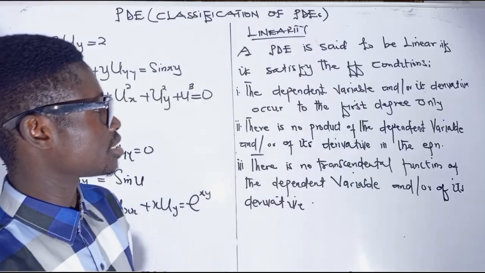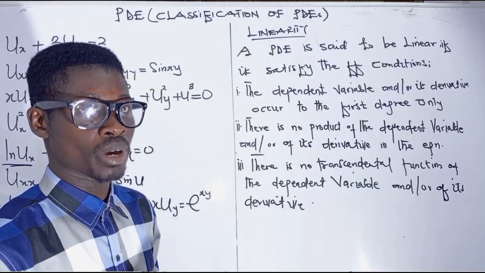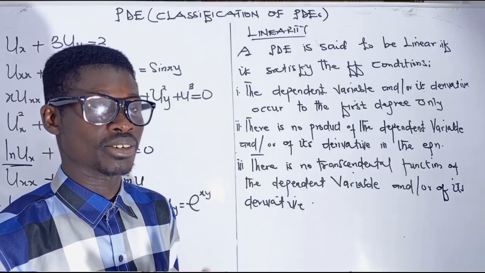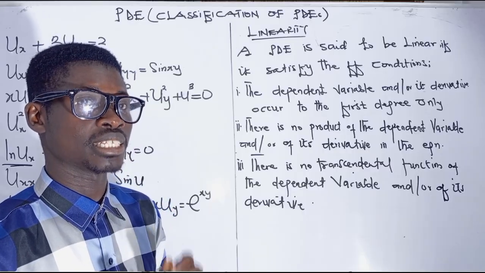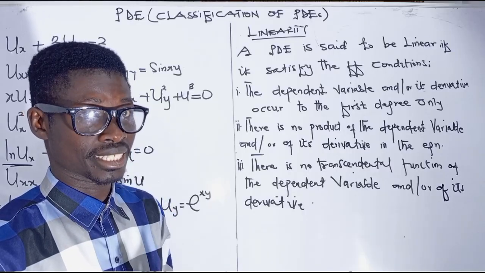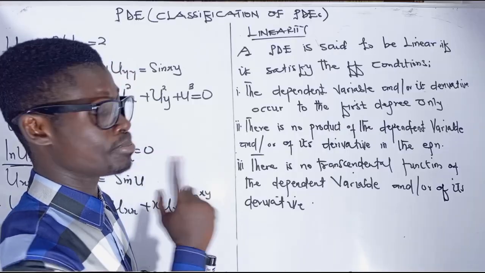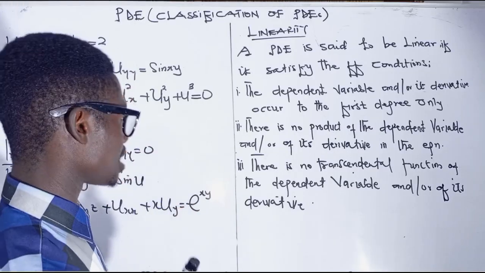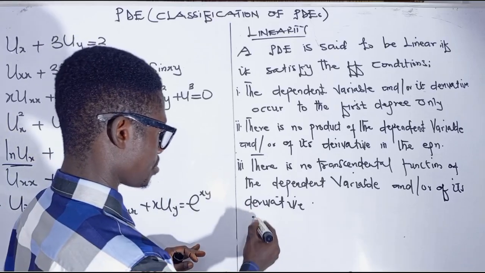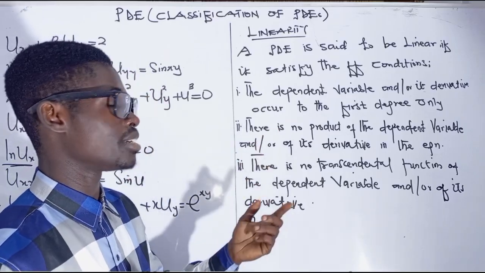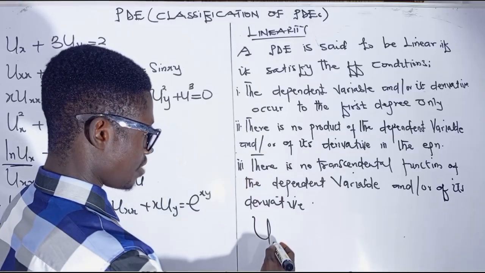The first condition says that the dependent variable and or its derivative occur to the first degree only. I believe that at this point, you know what the degree is. So for the PDE to be linear, the dependent variable, and we know that the dependent variable is u, and or its derivative must occur to the first degree only.